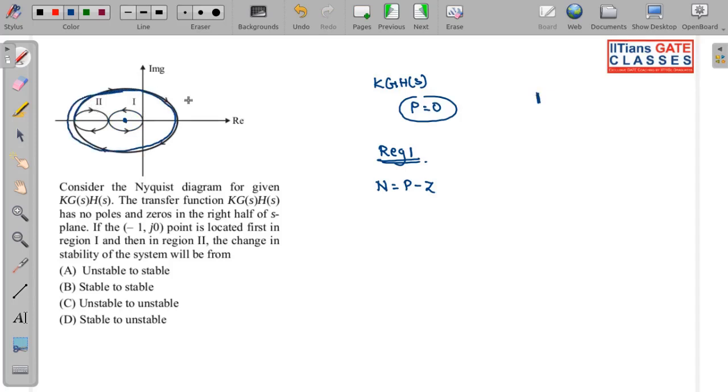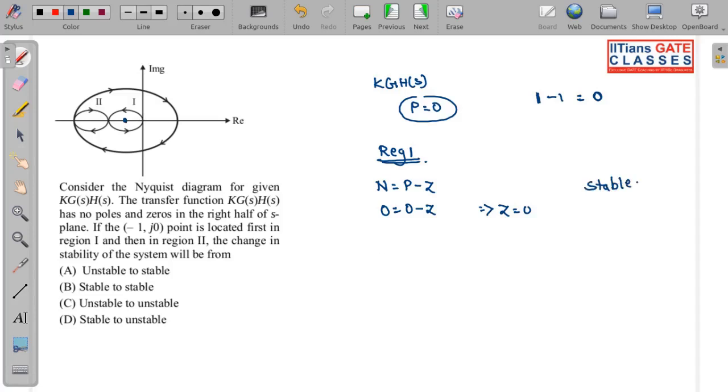It is in which direction? So it is in your clockwise direction. So that will be -1. So total encirclement is equal to 0. So 0 is equal to P, which is 0, minus Z. So Z comes out to be 0. So if your critical point is located in the first region, then your system is stable.